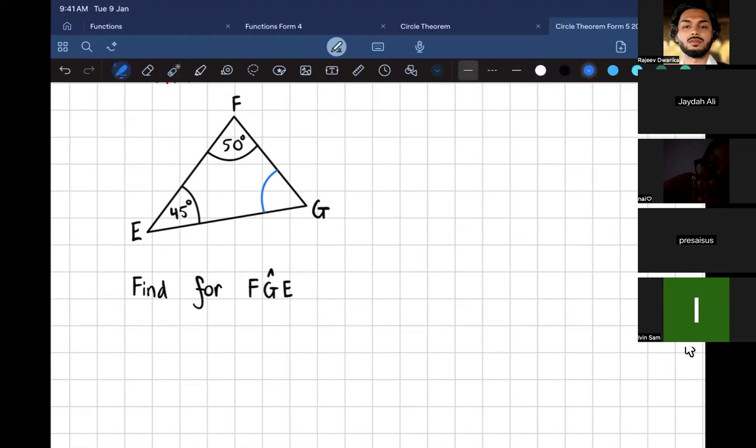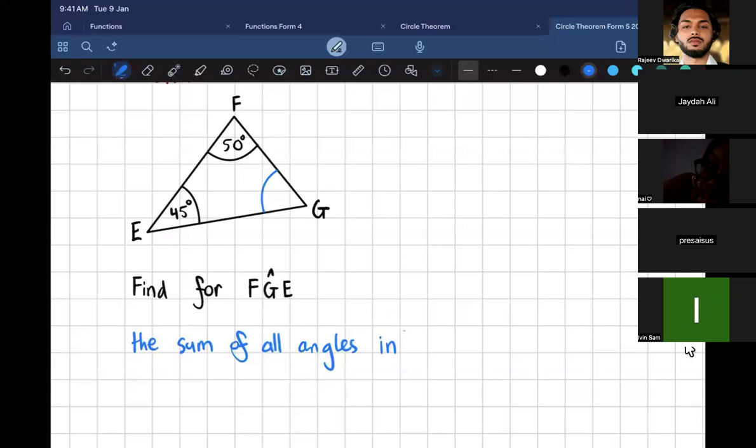So we could write down the sum of angles, the sum of all angles is equal to 180 degrees.